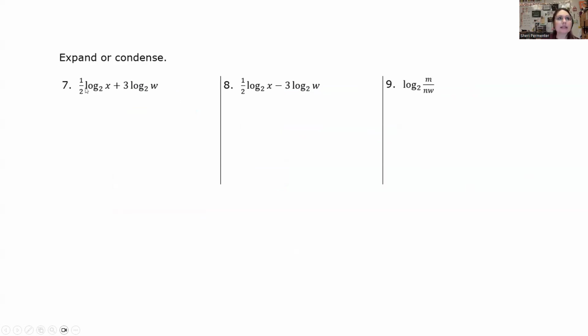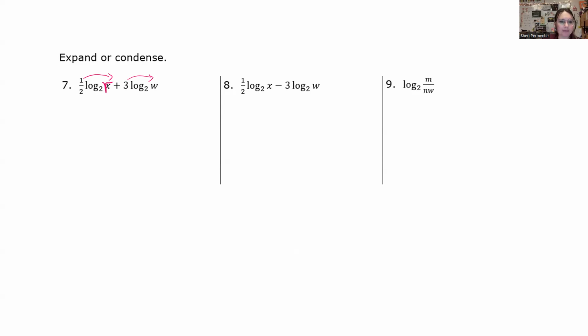So here, to condense this, I know that the first thing I have to look for is any numbers written out in front, and those numbers I'm going to condense by first taking the number in front and writing it as an exponent. But anytime I have a 1/2 in the front, that becomes the square root.